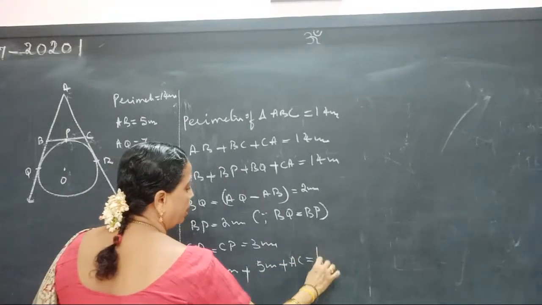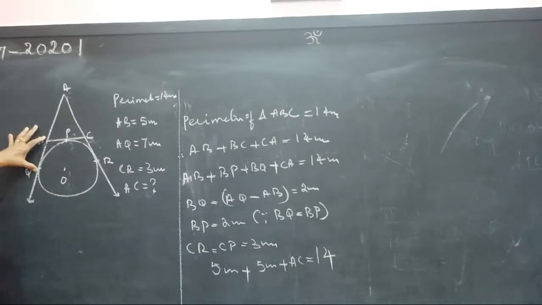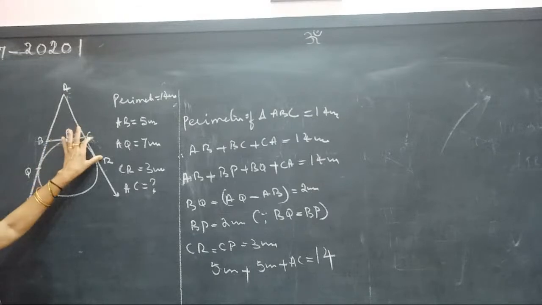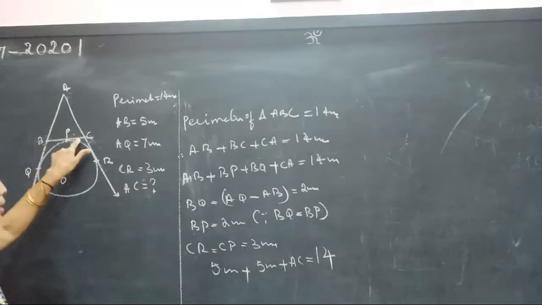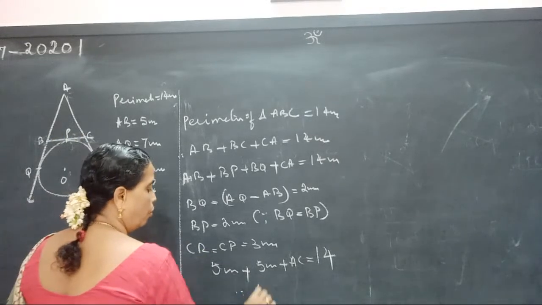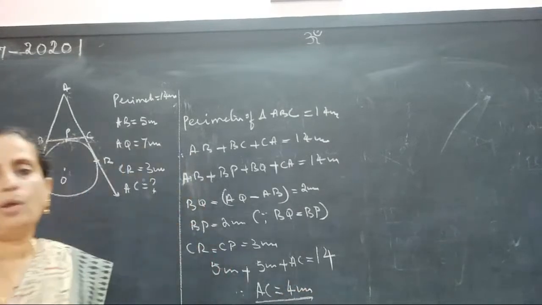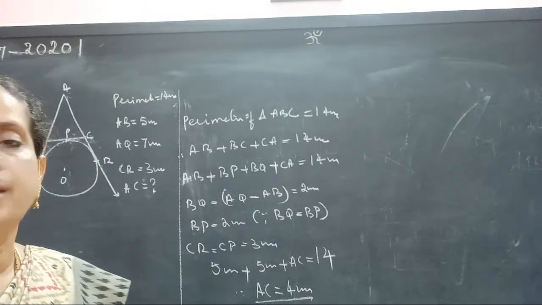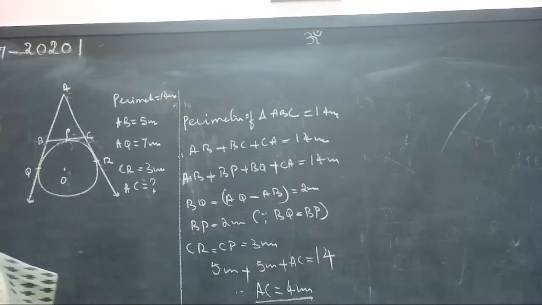AC together perimeter is 14 centimeter. So first we calculated this AQ minus AB, but BQ equals BP, they are the pair of tangents. Then CR equals CP, CR is given 3 centimeter, CP will be this. So 2 plus 3, 5 centimeter. Therefore AC equals 4 centimeter. Here also we applied theorem 10.2, length of the tangents from external point to a circle are equal in measure.